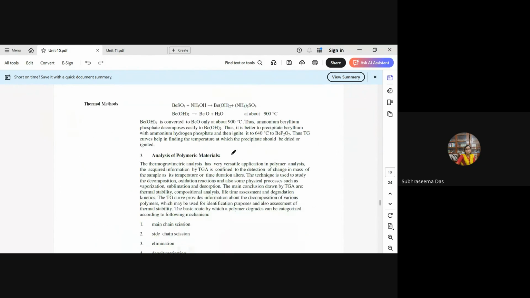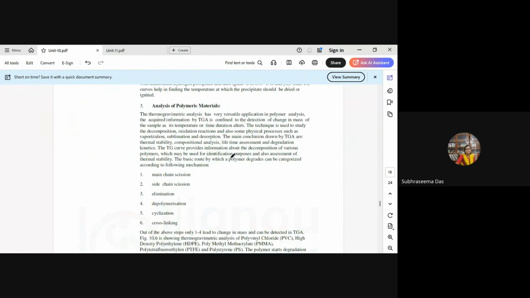Here we'll also talk about the analysis of polymeric materials. Thermogravimetric analysis has a very important application in polymer analysis, because apart from thermal stability, it tells us about the different mechanisms by which a polymer degrades.